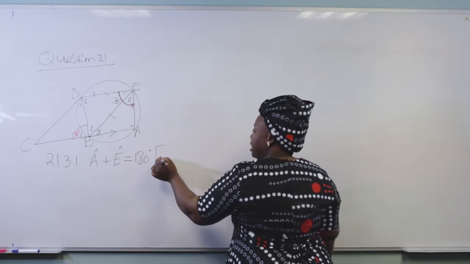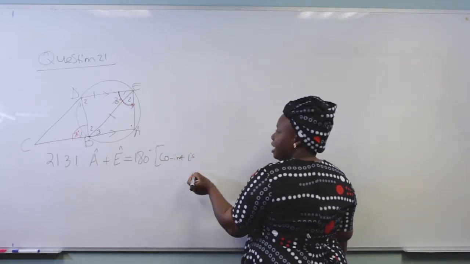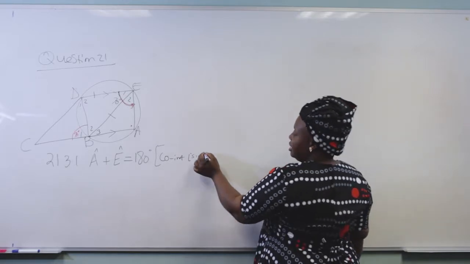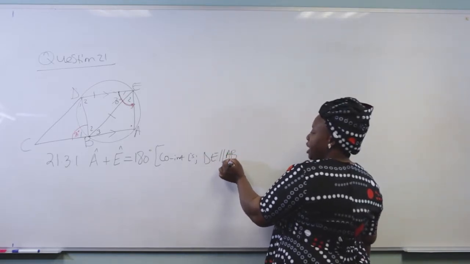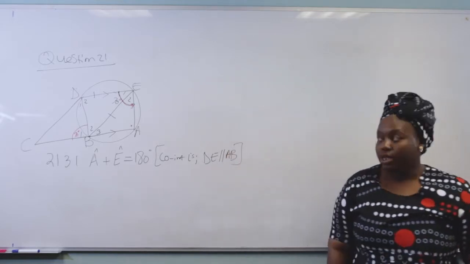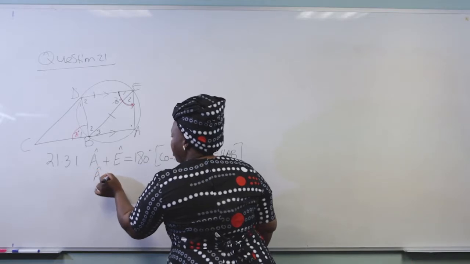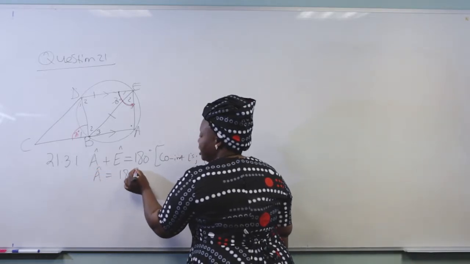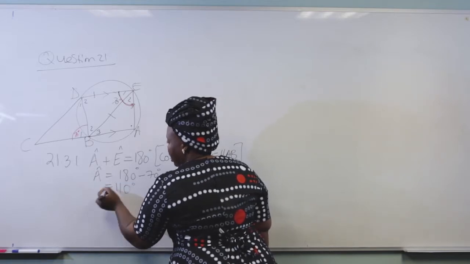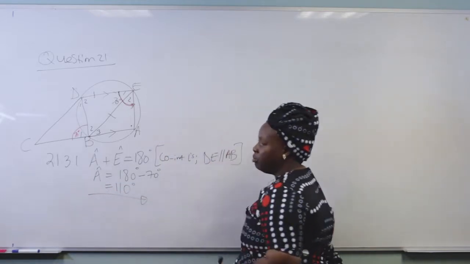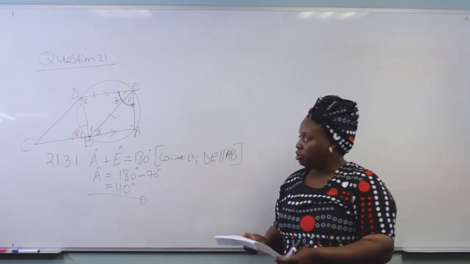Why? Because they are co-interior angles. Why? There are parallel lines, DE is parallel to AB. Simple as that. Angle E is given to be 70, so angle A will be equal to 180 degrees minus 70, which is 110 degrees. And then you get your 2 marks. Can you see how simple this can be, folks? So that's what you do, and that's how you get to the solution.